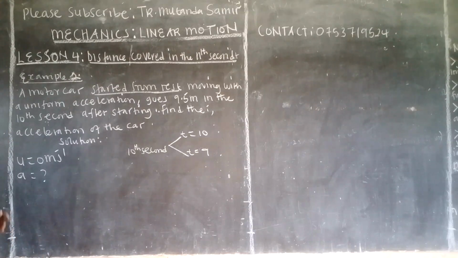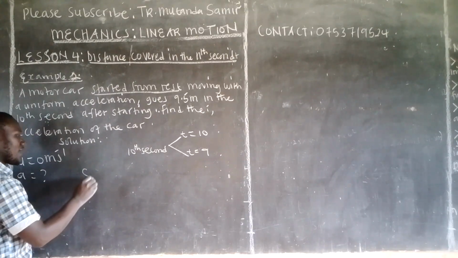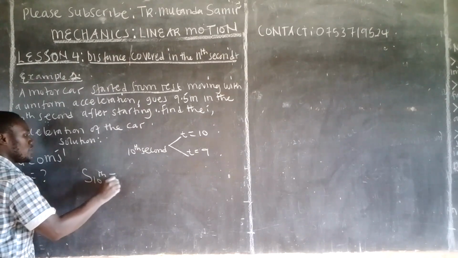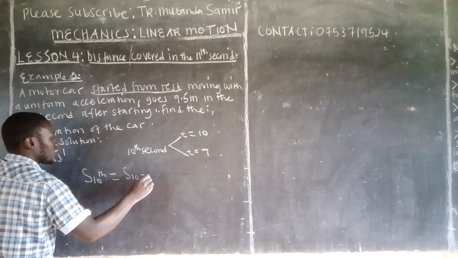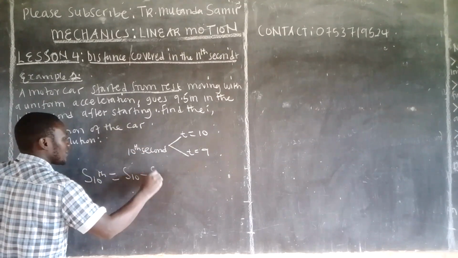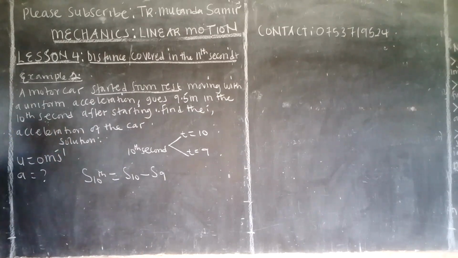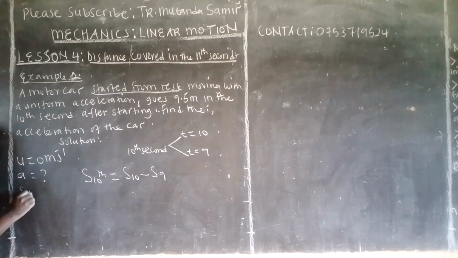Then we said that the distance covered in the 10th second will be equal to the difference between this and that. So the difference between S10 minus S at 9. But remember, the S10th, the distance covered in the 10th second, has been given to you as 9.5. You must quote the language very well.